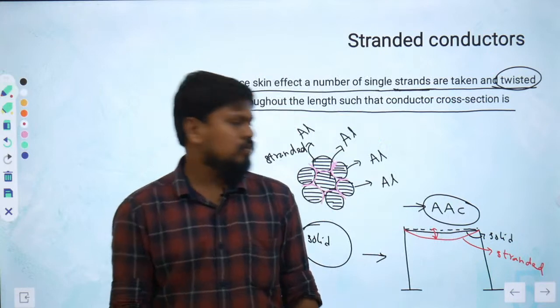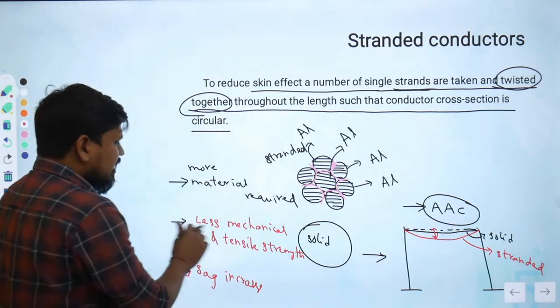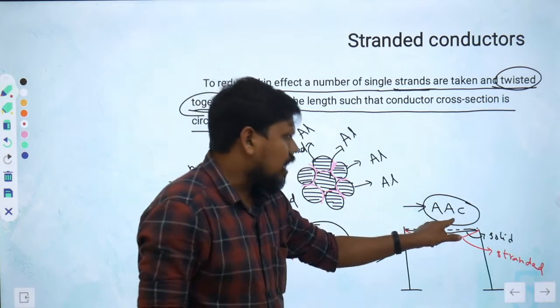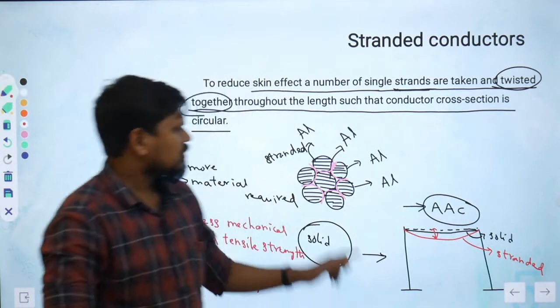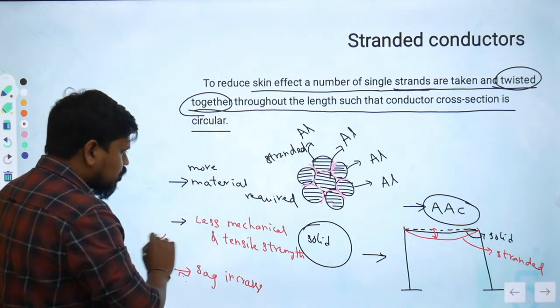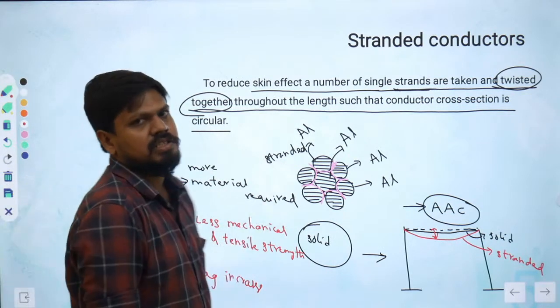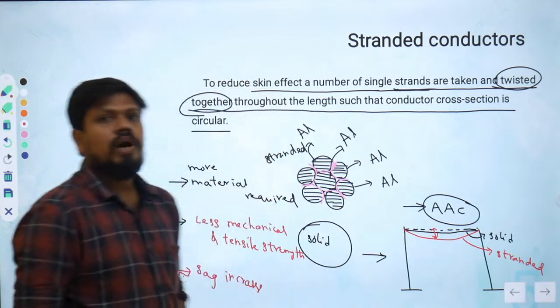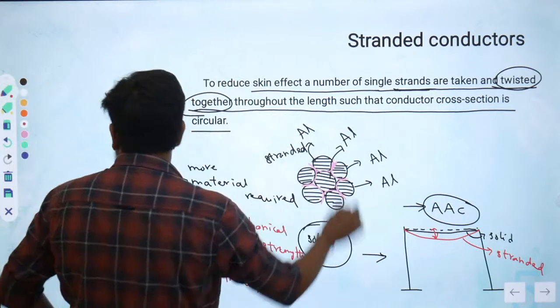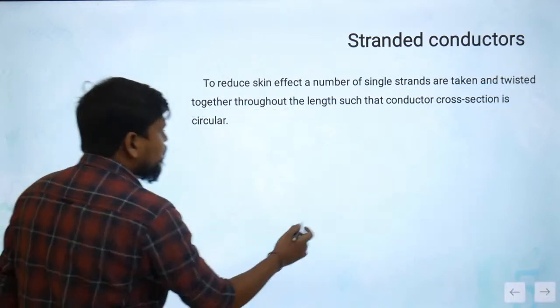There is no problem. And you see, as the sag is more for the AAC conductor, these are all aluminum conductors, as sag will be more for this, we have to improve the mechanical strength and tensile strength. To make that, instead of using this type of strands, we will be using different strands, okay?